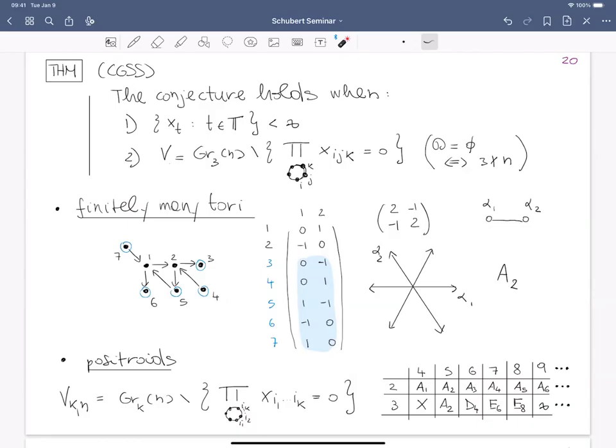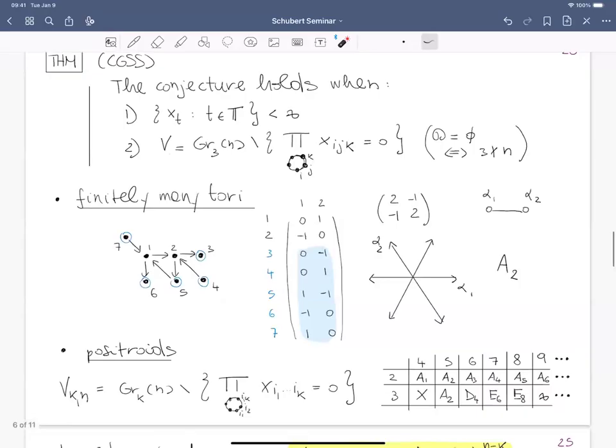There are finitely many sets. So in other words, the gluing process has finitely many torus pieces.